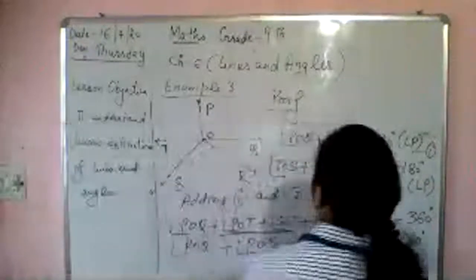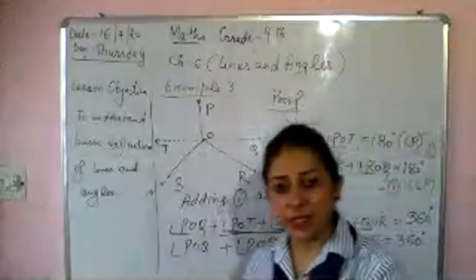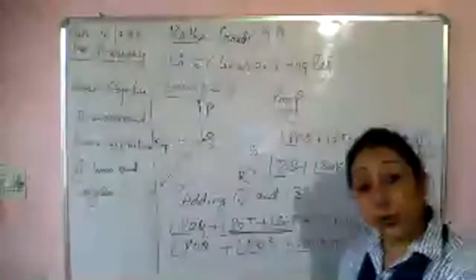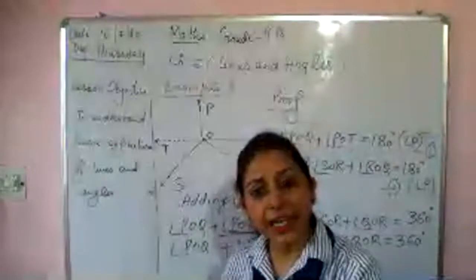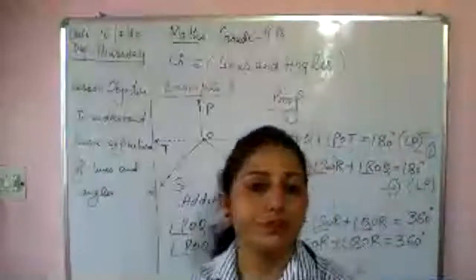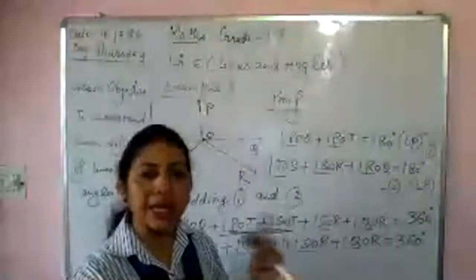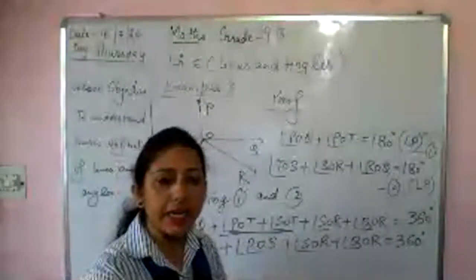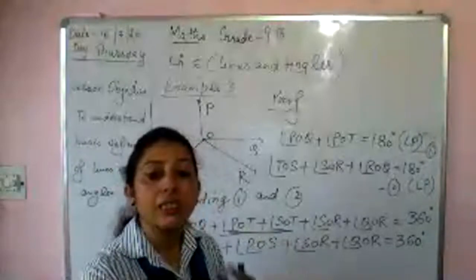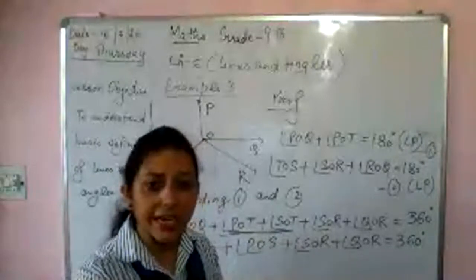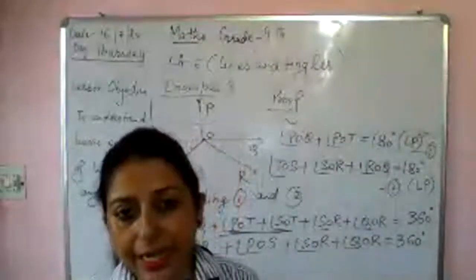Okay. So next, first we will take the types of angles. Very important. Acute angle, it lies between 0 degree and 90 degree. Second, obtuse angle, it is in between 90 degree and 180 degree. The right angle is exactly equal to 90 degree. The straight angle, or straight line, is equal to 180 degree.